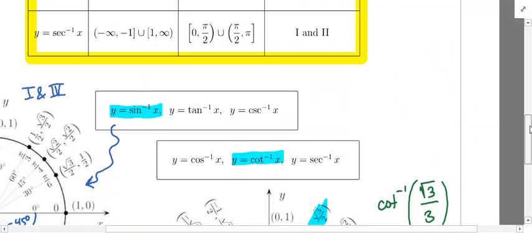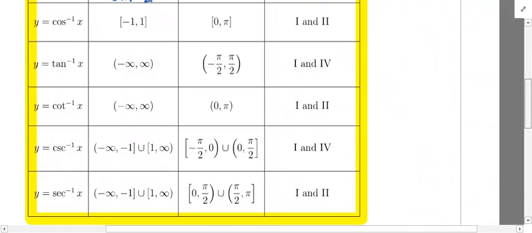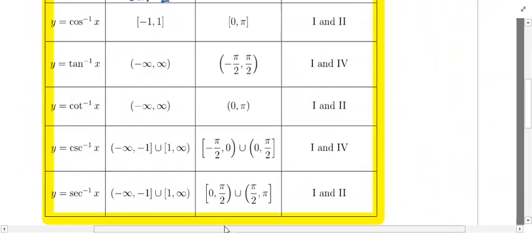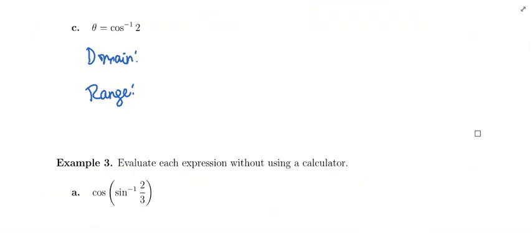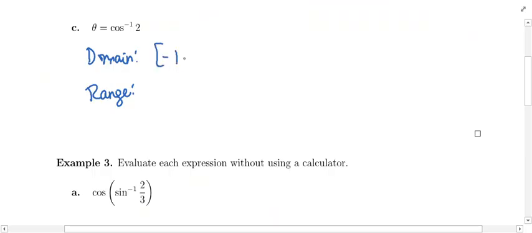Back to page 7, cosine inverse has a domain of -1 to 1 and a range of 0 to pi. Let's write this down. Domain, you can plug in any number between -1 and +1, including the endpoints. The range is going to be, the angle that will be returned will be between 0 and pi, inclusive.